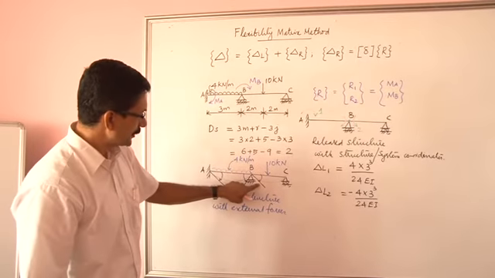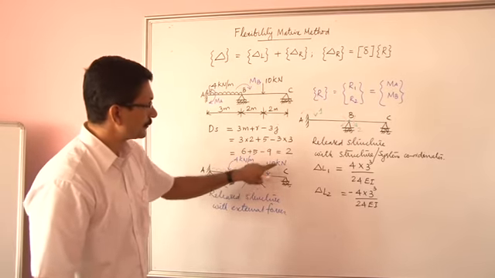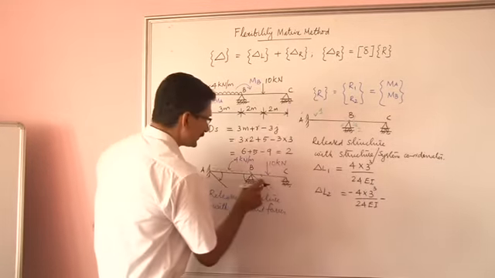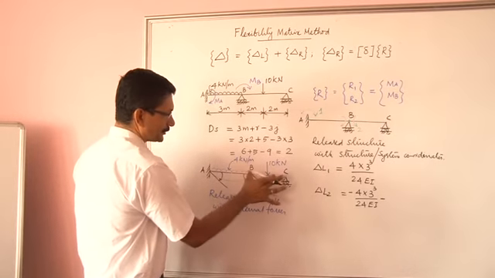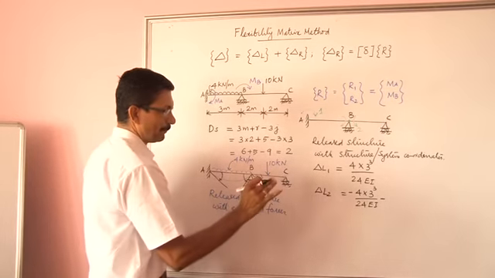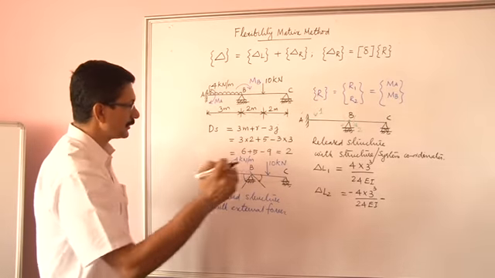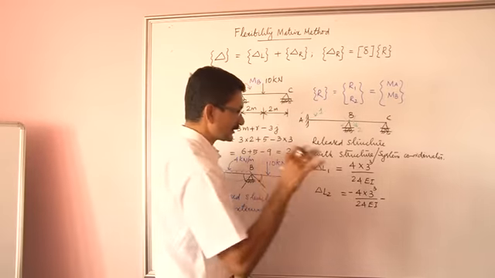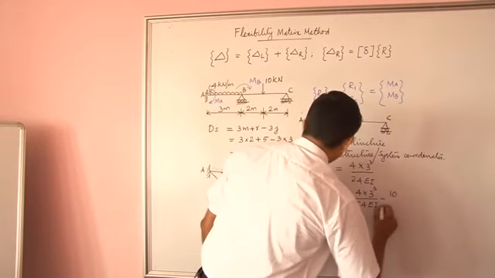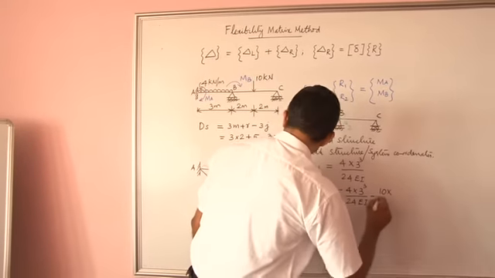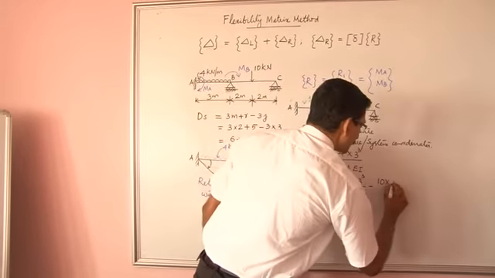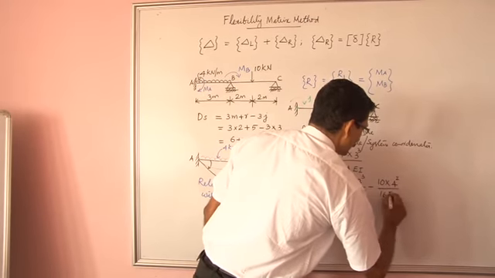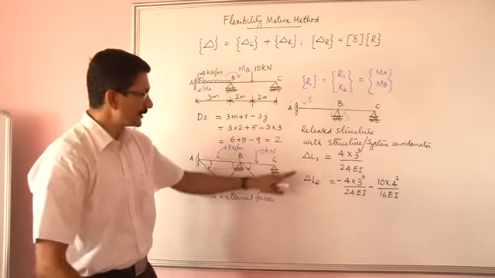Now this rotation is clockwise, but the coordinate here is anti-clockwise, so we have to put a minus sign. And this rotation, because of a central point force in a simply supported span, would be given by W L square divided by 16 EI, derived in the previous discussion. So I am taking the result over here. W is 10, L is 4 meters for that span, L square divided by 16 EI. So this is delta L1 and delta L2.